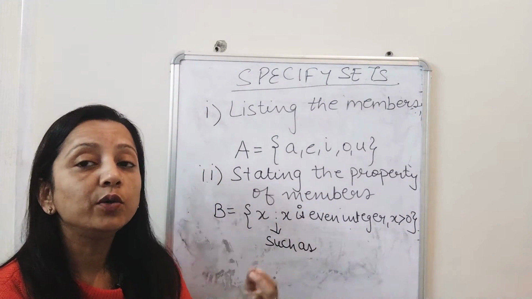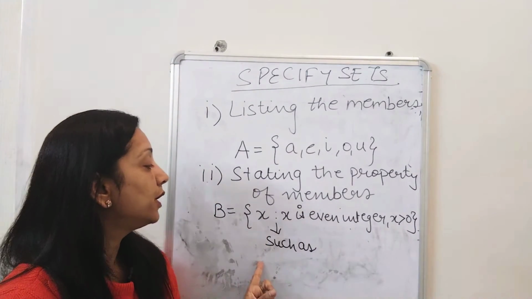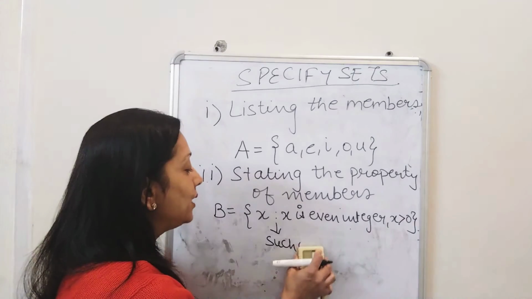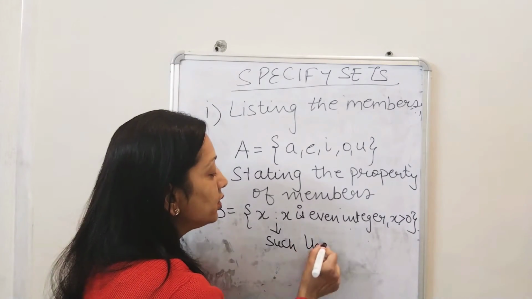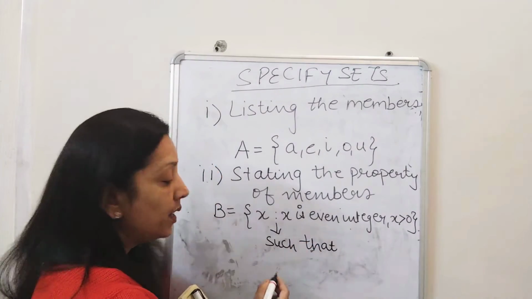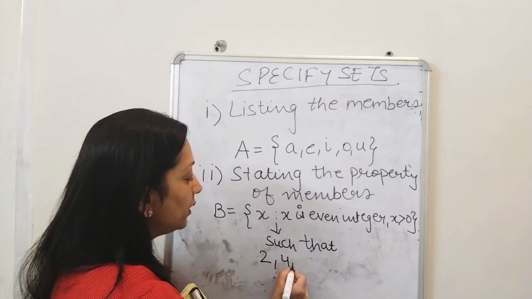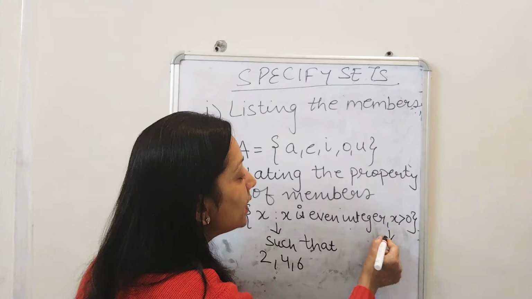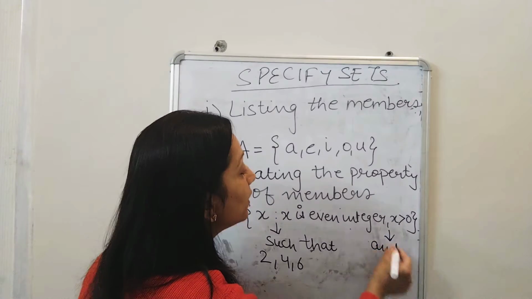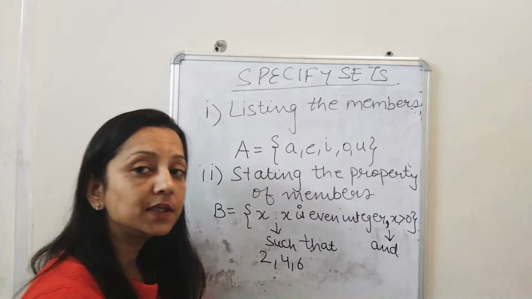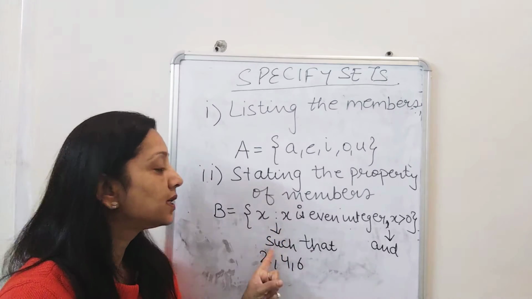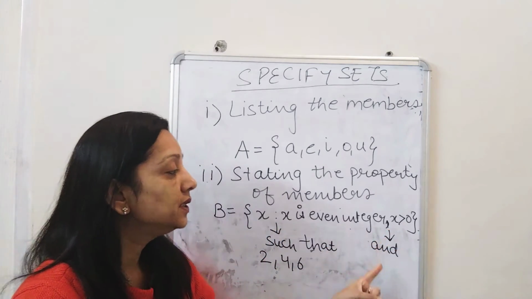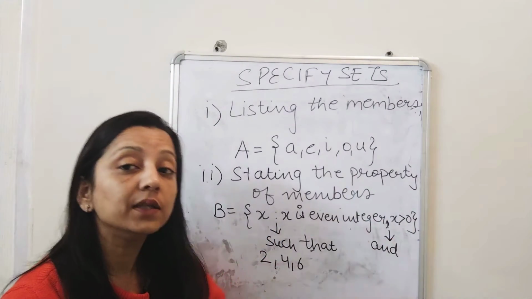The moment you read that B is a set of X such that X is an even integer, what numbers come to your mind? Numbers like 2, 4, 6. Further it says and. This comma is read as and. Whenever there is a comma, it means and. So a colon means such that and a comma means and. And X is greater than 0.